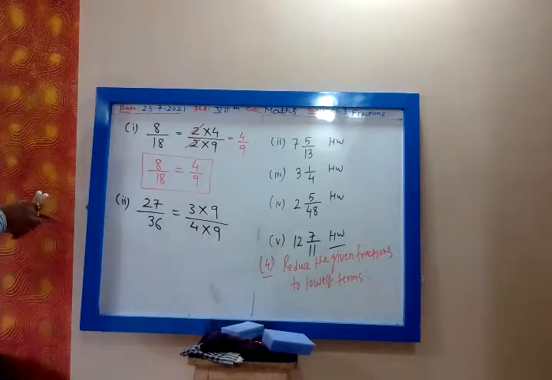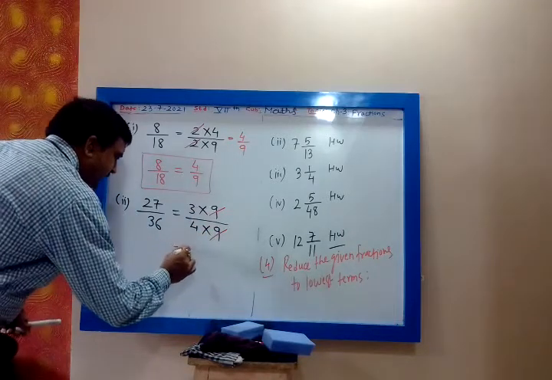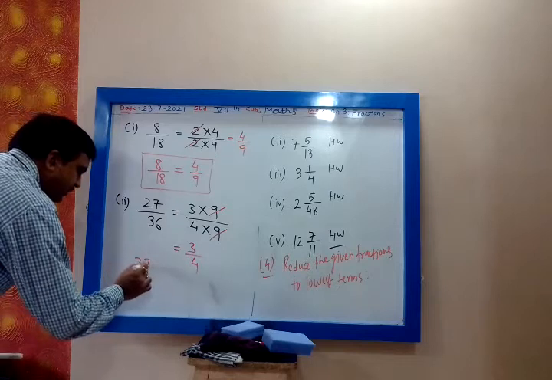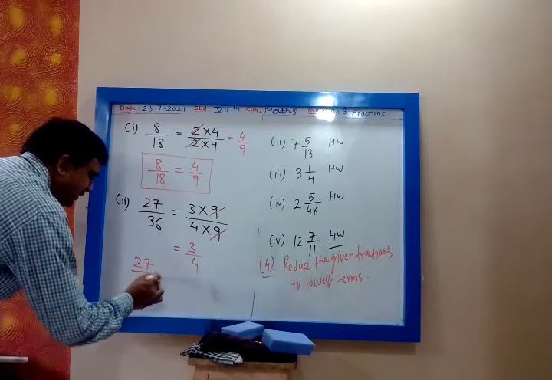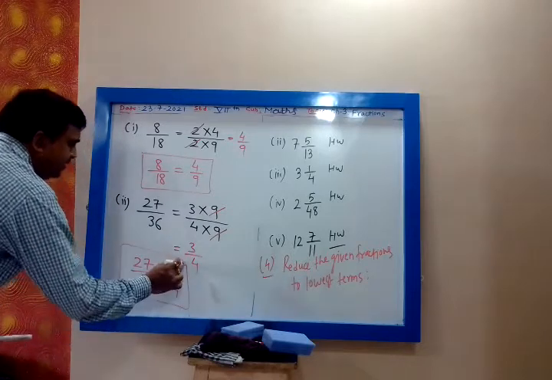Now 9 is the common factor of numerator and denominator, that gets cancelled. 3 upon 4. Now there is nothing common in 3 upon 4. So 27 upon 36 in the lowest term is 3 upon 4.